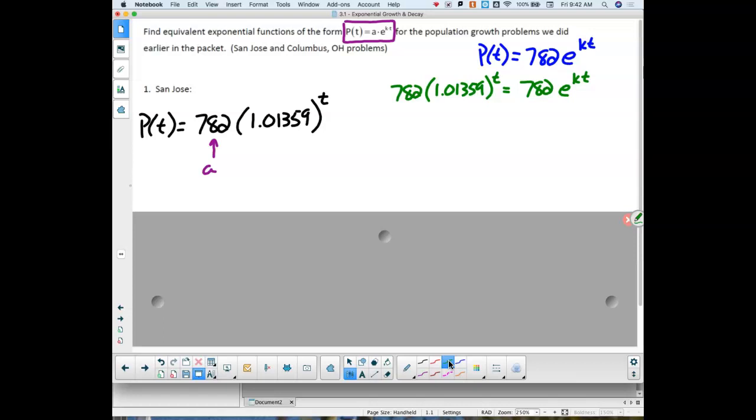Divide by 782. 1.01359 to the t power equals e to the kt power. Love it. What would we do next? Not square root t. T root, right? Take the t root of both sides.